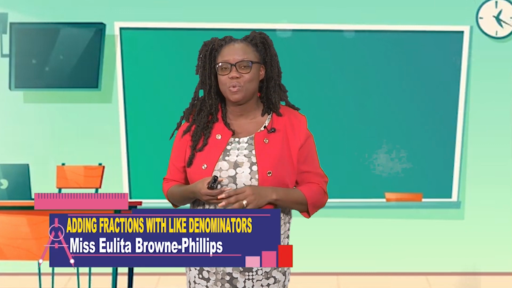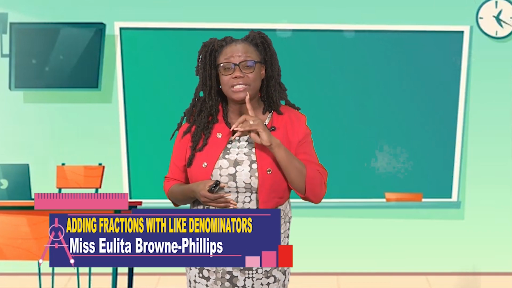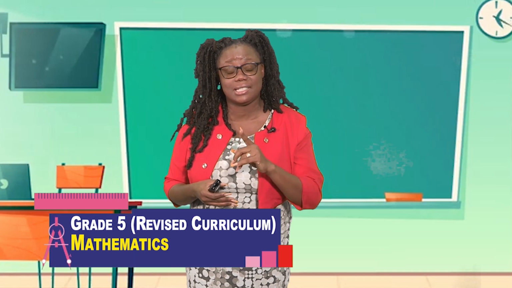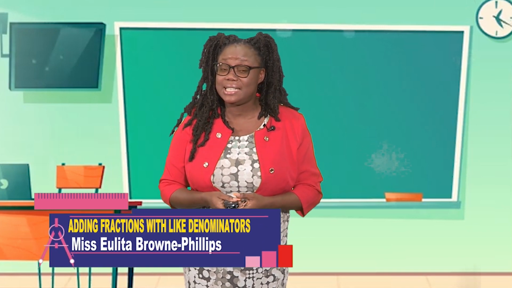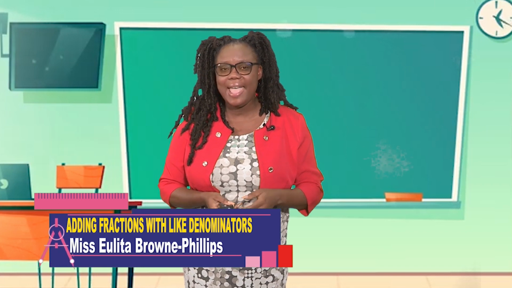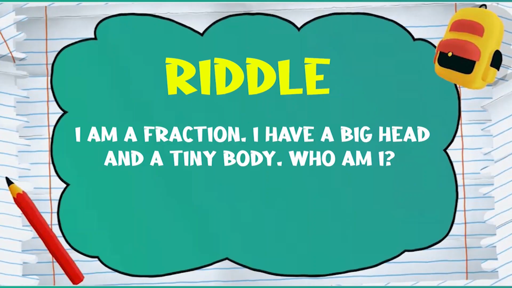I trust that you boys and girls have been utilizing this opportunity and that you have been making hay while the sun shines. So, before we delve into today's lesson, I have a riddle for you to solve. I am a fraction. I have a big head and a tiny body.